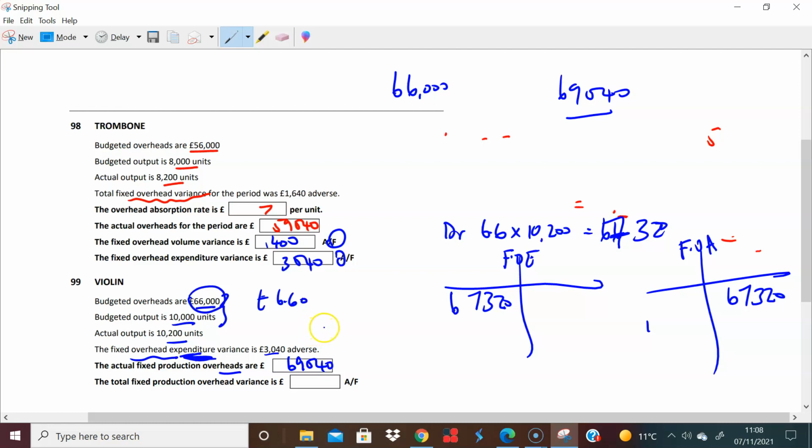And that's actually what happened. Now, when you were doing your accounts, you would have compared this figure with what you put in your accounts, because that's your budget.